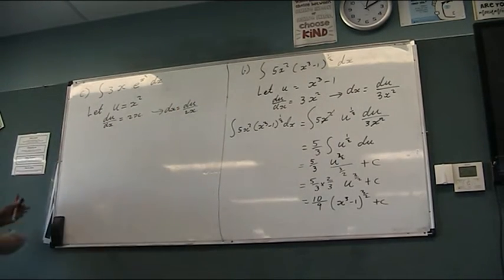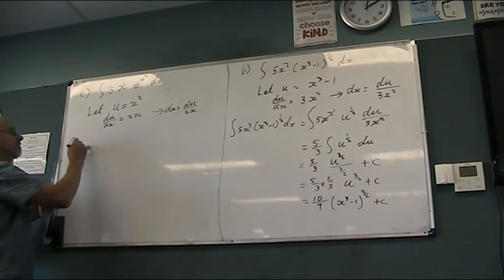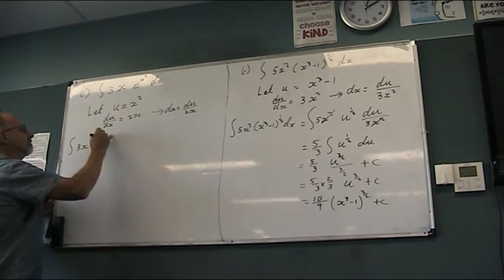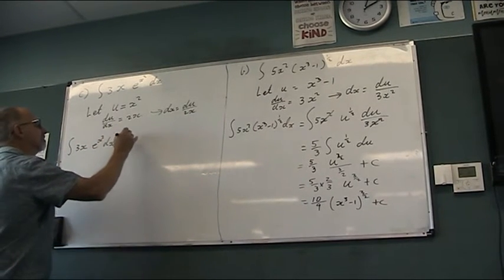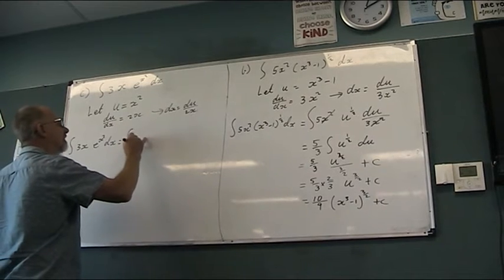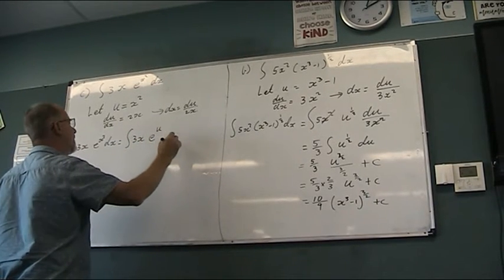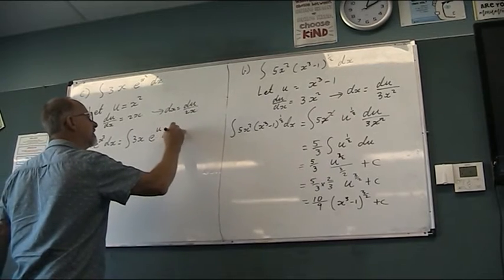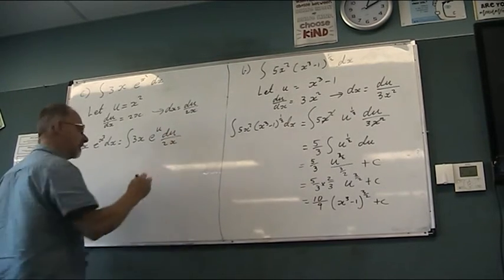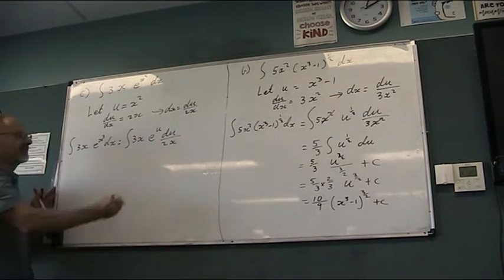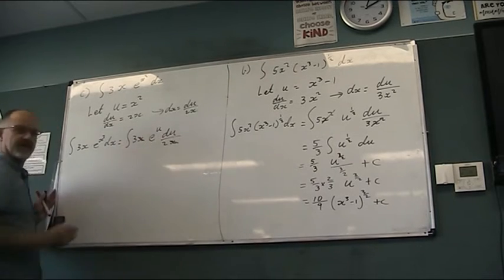Make those substitutions. 3x is still there. e to the x squared becomes e to the u, and dx becomes du on 2x. And then, as has happened in the past, we've got some cancelling.